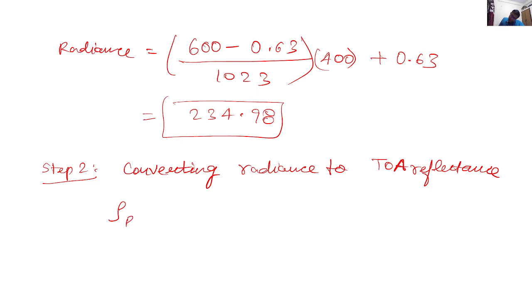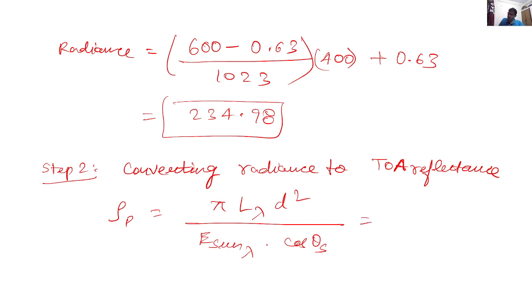The planetary reflectance rho p is pi L lambda d squared by E sun lambda times cos theta s. The numerator is nothing but the radiance, and the denominator is nothing but the irradiance. So the ratio of the radiance to irradiance by definition is the reflectance.